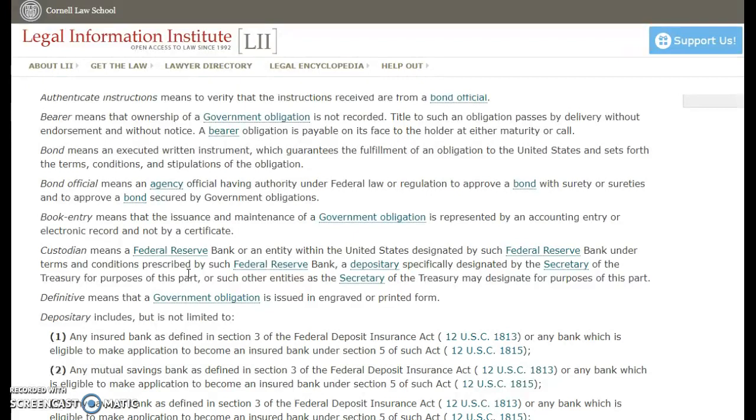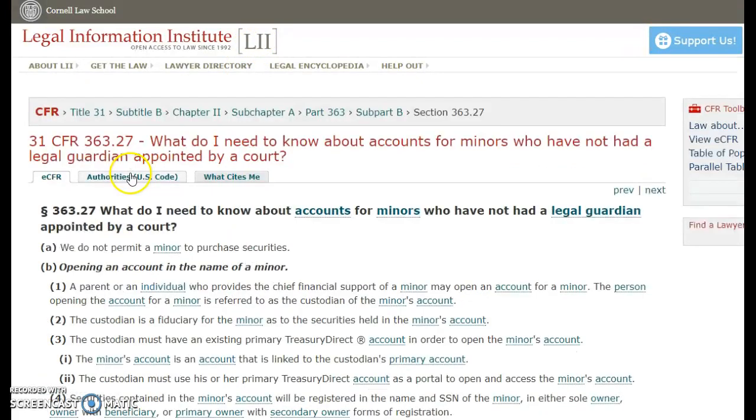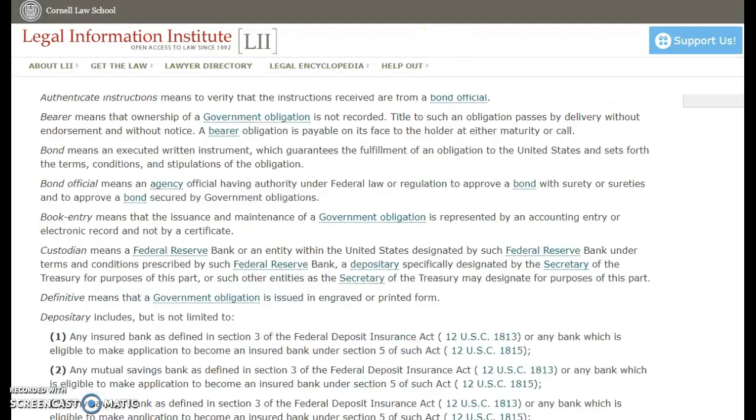That's what it means. But then what this video does is it goes directly over to an entirely different section, which is this section, 363.27. And this section pertains to how to purchase for a minor. And what that person does in the channel is they tell you that, you see over here, it's showing you that the custodian means the Federal Reserve Bank.